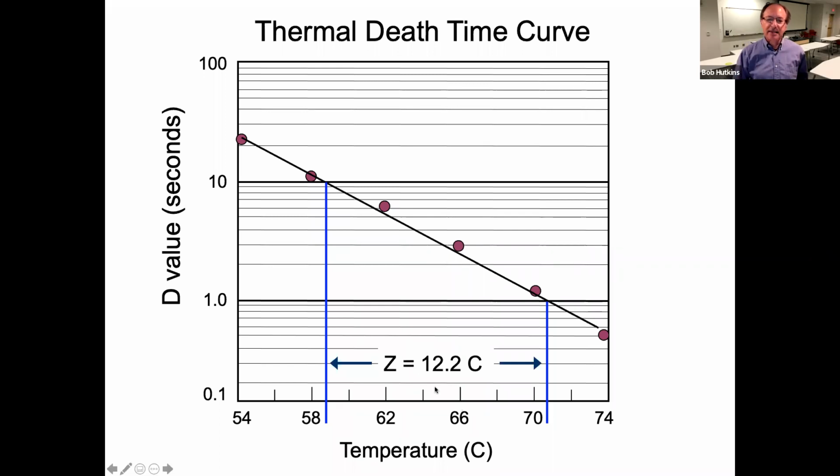We have to raise the temperature 12.2 degrees to reduce the D by 1 log. So that makes sense. If we raise the temperature, we're going to get more killing. And if we raise it 12.2 degrees, we're going to increase the killing rate tenfold. Okay, does that make sense? So the Z value is always given when these D values are reported.